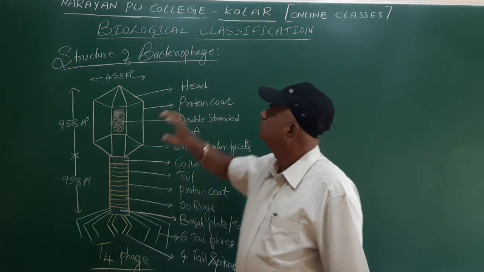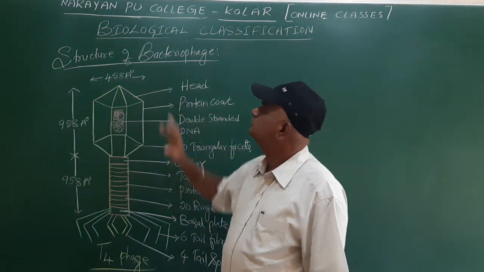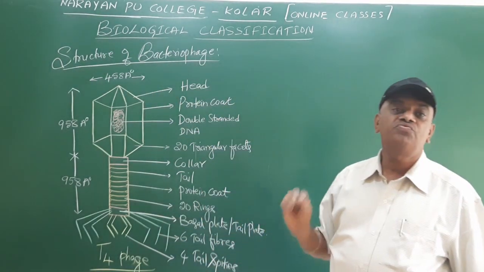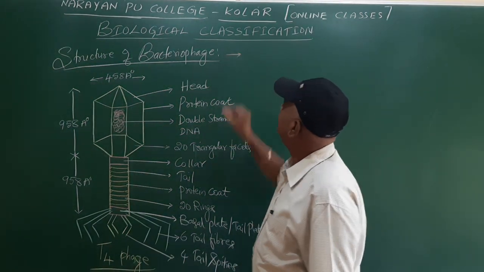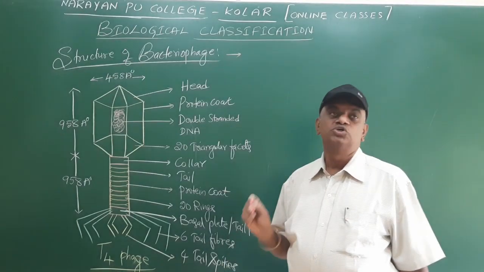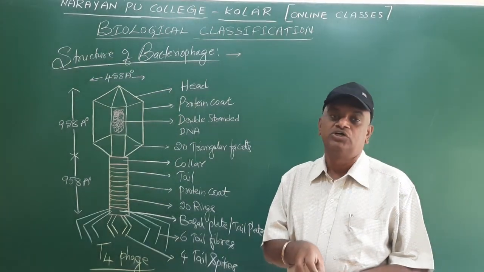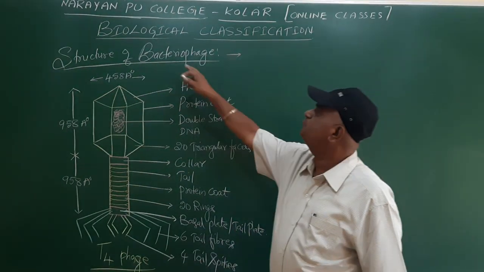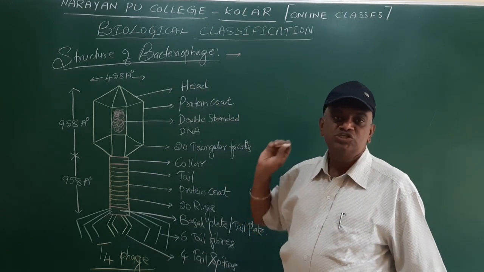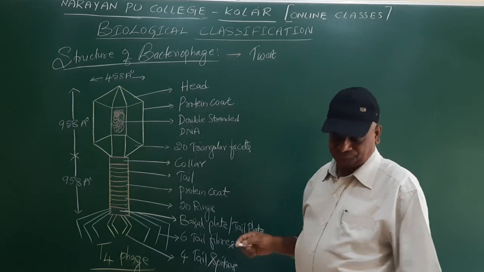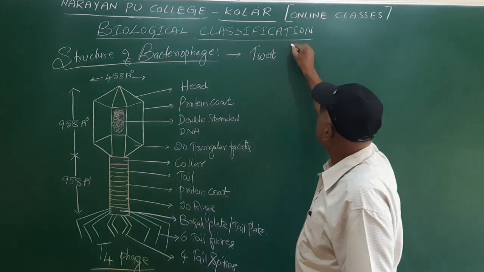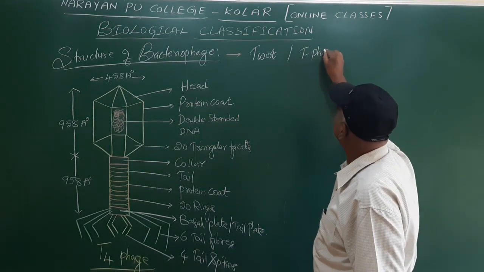So we go for the next heading called structure of bacteriophage. The bacteriophage is nothing but a virus which infects bacteria. So the virus which infects bacteria is called a bacteriophage. This was discovered by Twort, hence it is also called T phages.